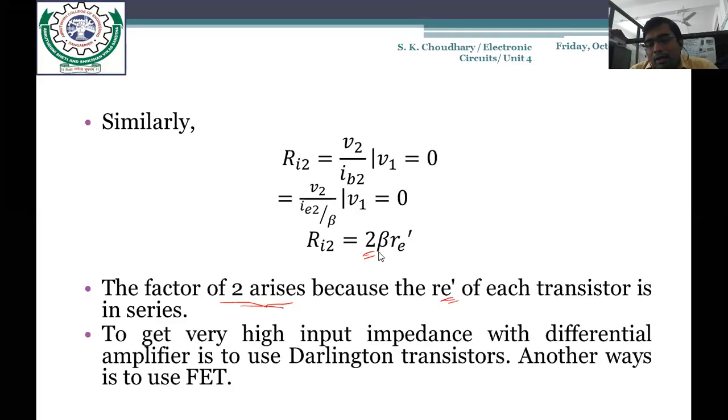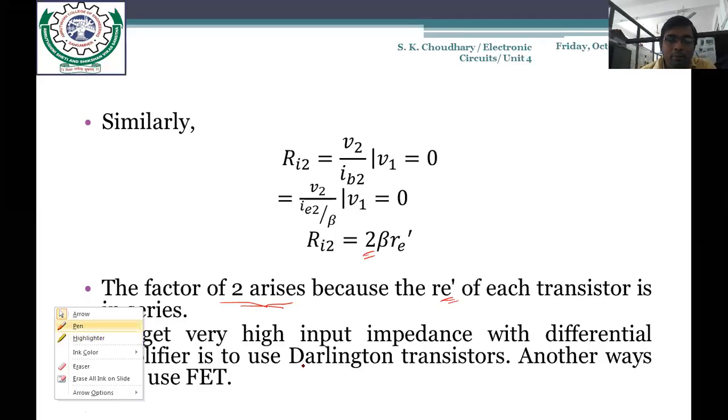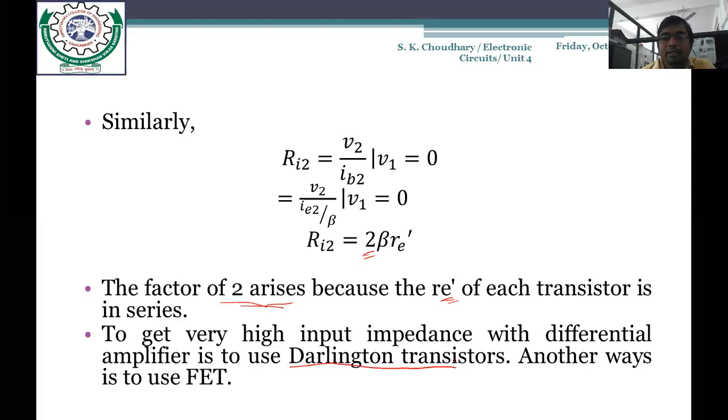So this is the value of the input resistance of the differential amplifier. If you want to increase the value of input resistance or input impedance of this differential amplifier, then instead of the common emitter configuration, you can use a Darlington pair of transistors, or you can use a FET, simply a field effect transistor.